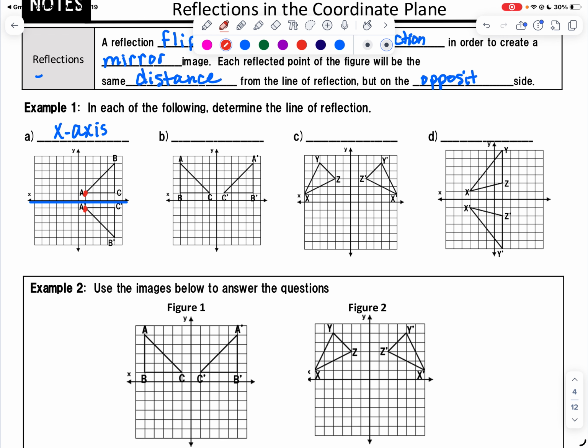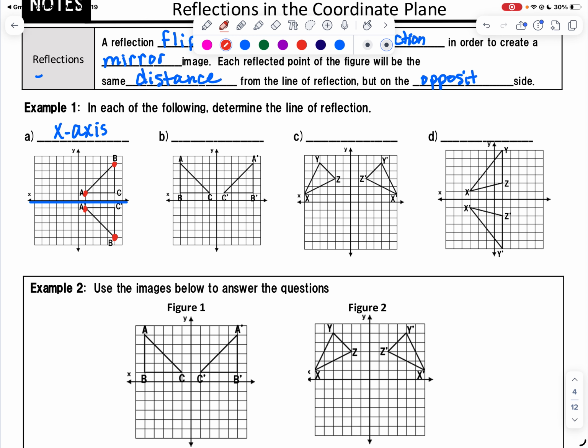So point A prime is 1 point below the x-axis. So same distance, but one's above, one's below. Same thing for point B. It is 1, 2, 3, 4, 5 above. So B prime is 5 below. Same distance, opposite sides of the line of reflection.